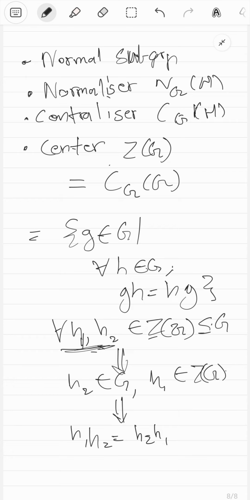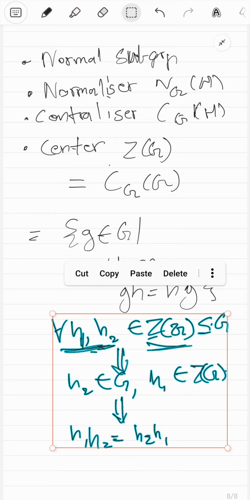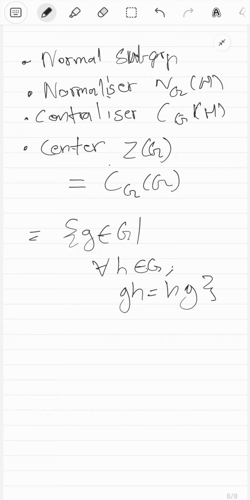So essentially, Z of G is an abelian group, or a commutative group. Whatever binary operation you have, it's commutative for the elements in the center. Now this is not the only abelian group, but it is certainly an abelian group. Okay, cool. So that was the center of a group.